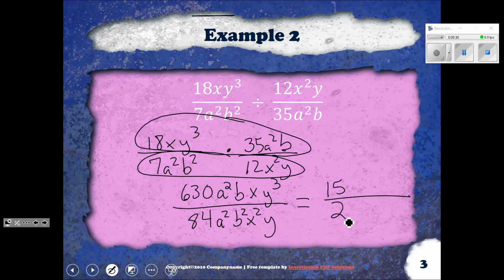Now, can we look for just a second about what the variables can't be? Like if I look at my a's, if a is 0, what happens up top if it's 0? And this would be 0. Would that be okay? 0 divided by 0? The whole thing would go to 0. What about my b's? If this is 0, is that going to be okay? Yeah, it is. 0 times all of that is 0. And 0 squared is 0 times all of that is 0. And 0 divided by 0 is 0.